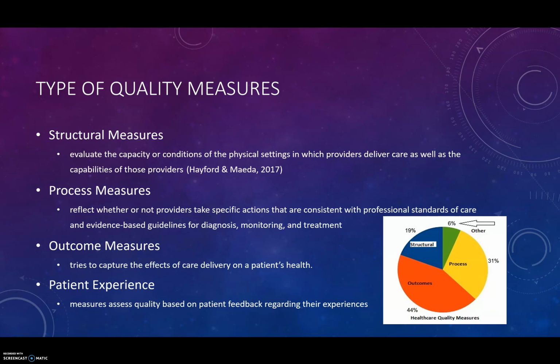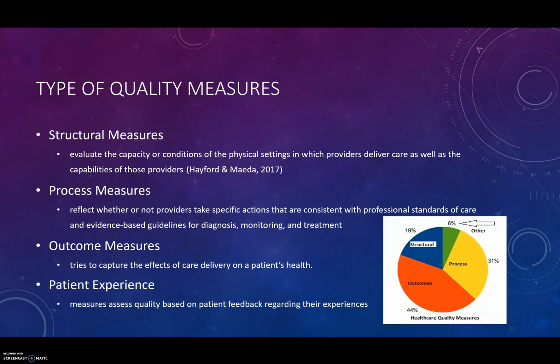The process measure reflects whether providers take appropriate actions consistent with professional standards and the required level of care. For example, giving an antibiotic to surgical patients to help prevent infections.